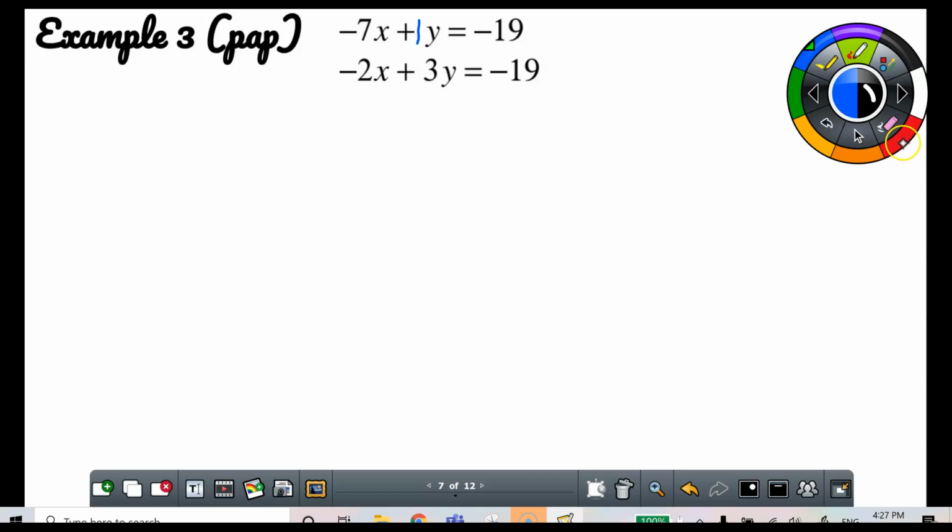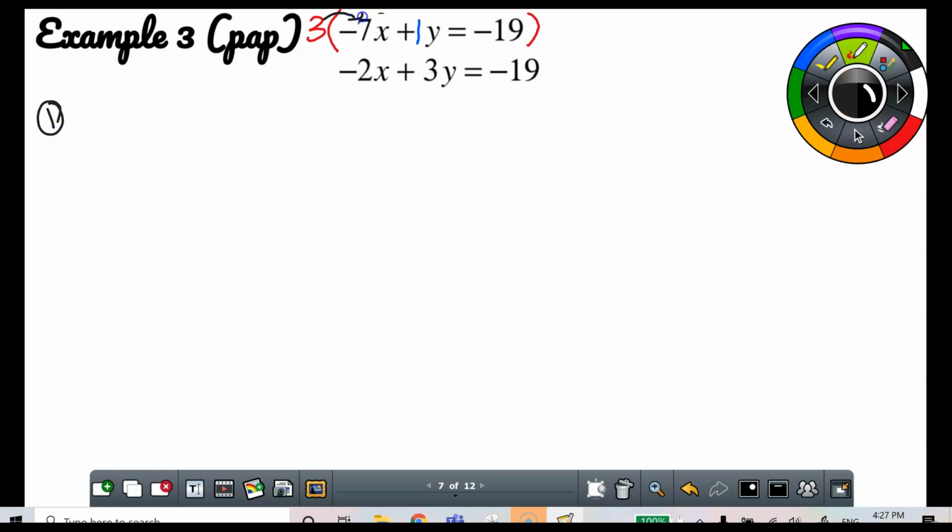So let's multiply the first equation by 3. You're going to multiply the entire equation. So you don't change the equation, but you enlarge it at the same time. Okay? And let's rewrite the first equation after multiplication.